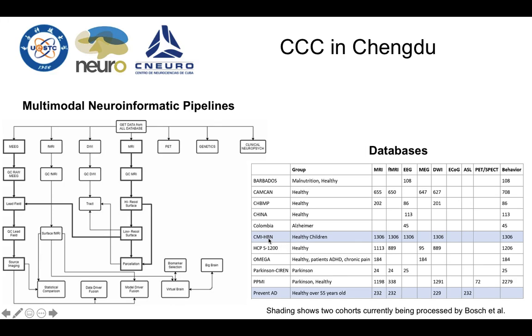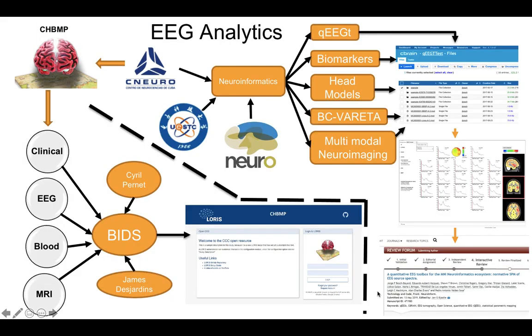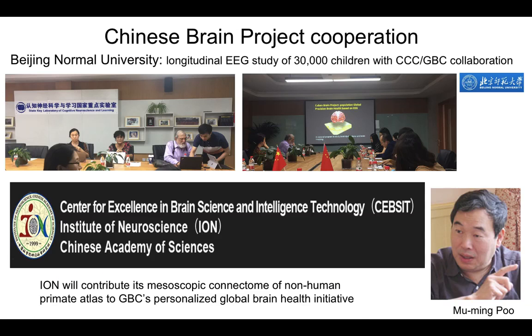Two of them right now: the Child Mind Institute's 1,300 datasets in healthy children, and the PREVENT-AD dataset, which I've just been talking about earlier, on the at-risk for Alzheimer's disease elderly subjects. So all of the data is available in a BIDS setting within LORIS and can be processed on CBRAIN using the EEG analytics that people like Bosch have developed.